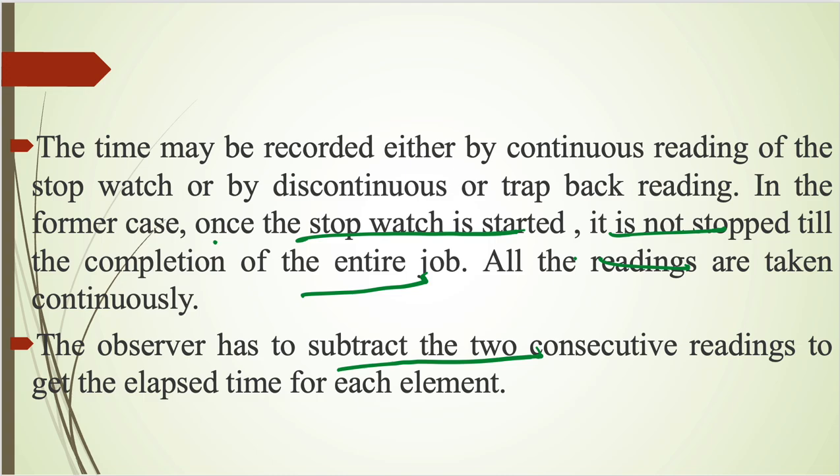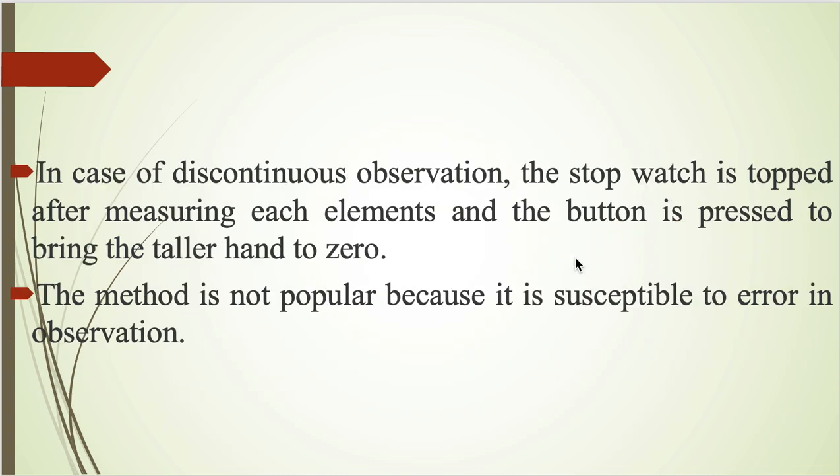So, the elapsed time is measured for the two consecutive readings. In case of discontinuous observation, the stopwatch is stopped after measuring each element and the button is pressed to bring the hand to zero. The method is not popular because it is susceptible to error in the observation. So, both the discontinuous method and the continuous method are used for the time study of workers.